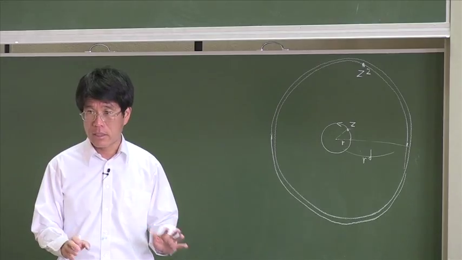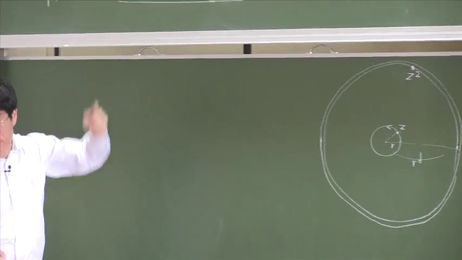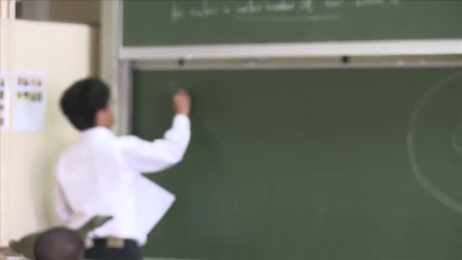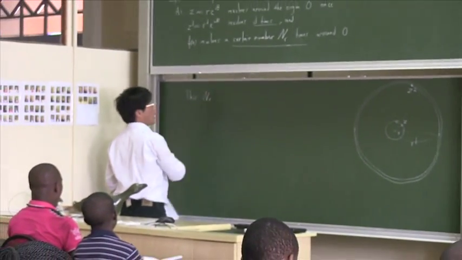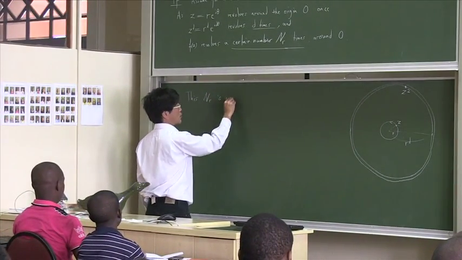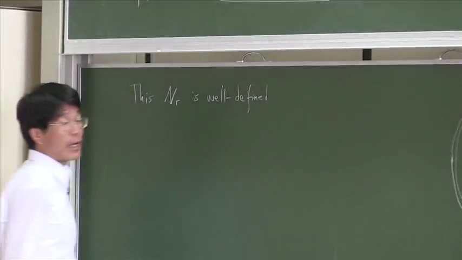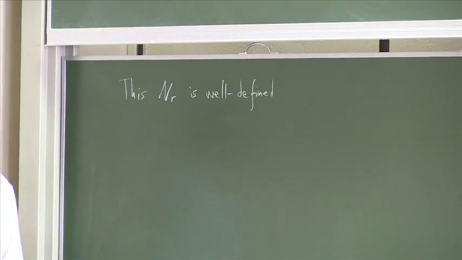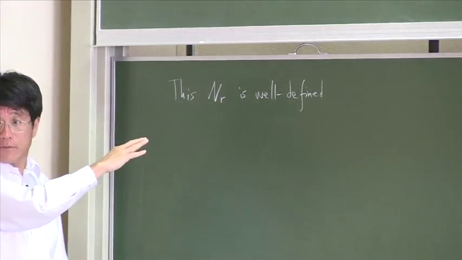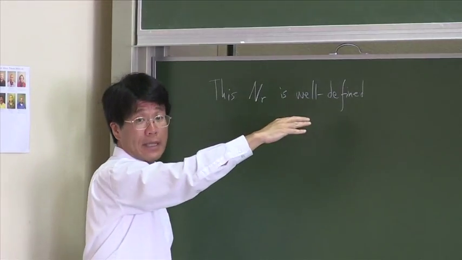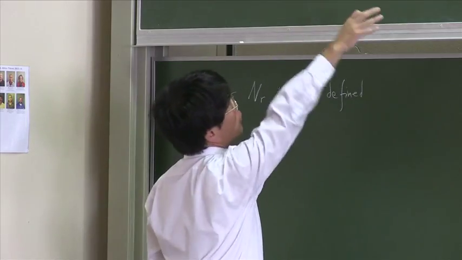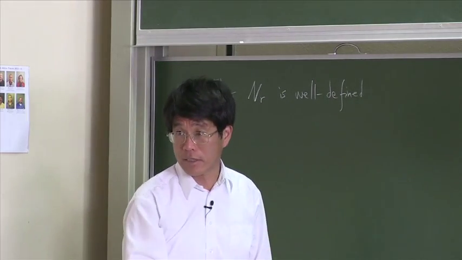Is that okay? So because of this hypothesis that it's everywhere non-vanishing, this n_r is well defined. That's the expression in mathematics. So there is no problem defining this number, whereas if f vanished, became 0 somewhere, you cannot define this number, so the proof stops there. You cannot say it revolves a certain number of times because we cannot define this number.